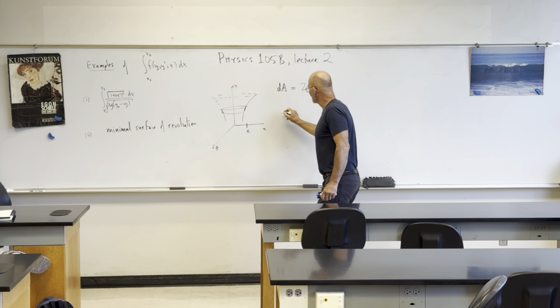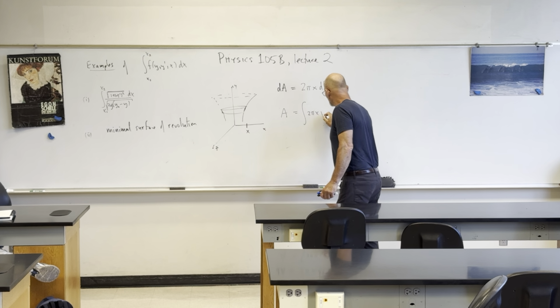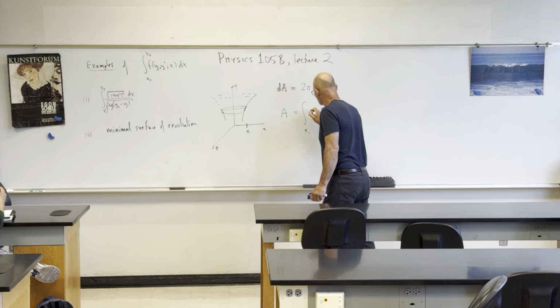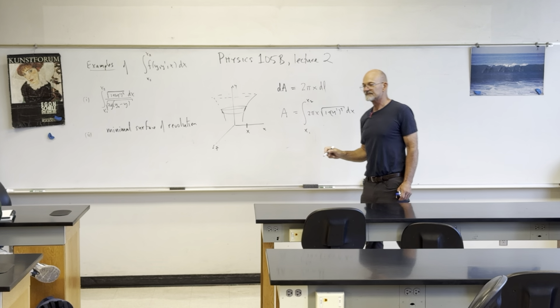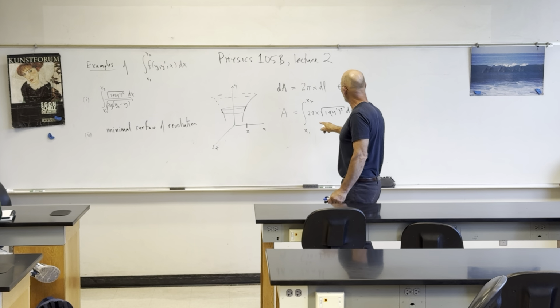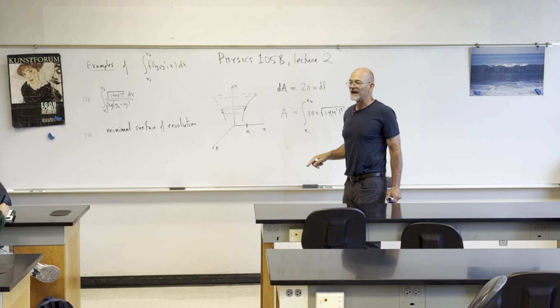And then the area we're looking for would be the integral of 2 pi x times our good old square root of 1 plus y prime squared dx, from x1 to x2. So this one completes the list, because this one has an x and a y prime, but not a y.